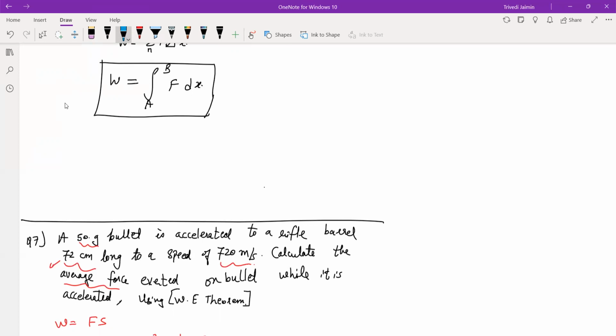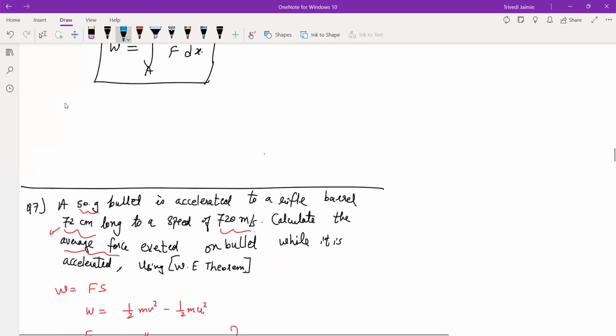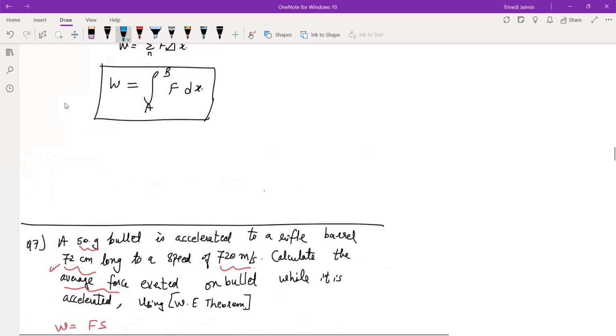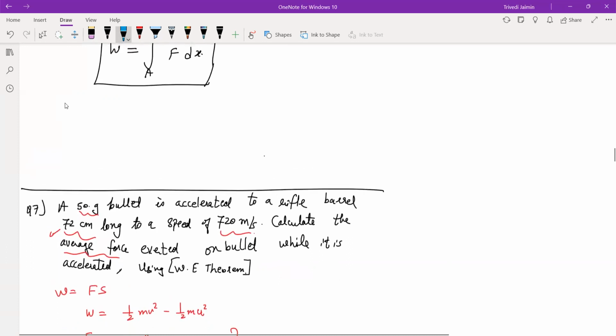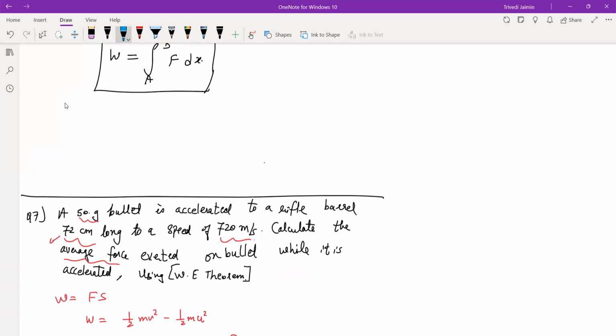The formula is half mv square minus half mu square.